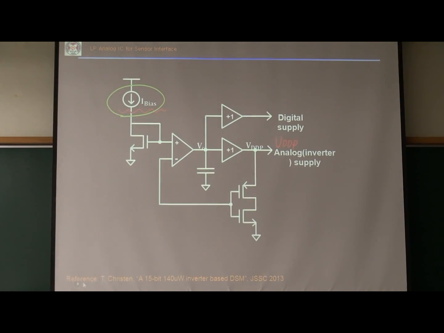Say this is my inverter. For example, W over L is 1 by 1, 3 by 1, or something like that. I want to generate this supply voltage for inverters, so I will supply this one to all inverters in the circuit. This VDD prime is distributed to all inverters. If I make this one 1 by 1, this is a diode, right?